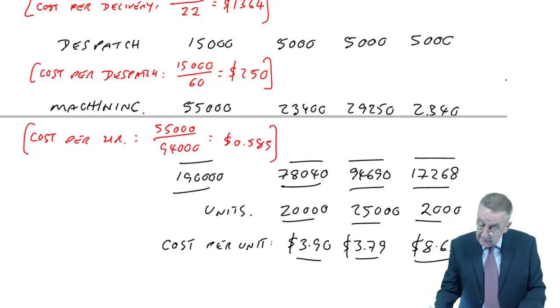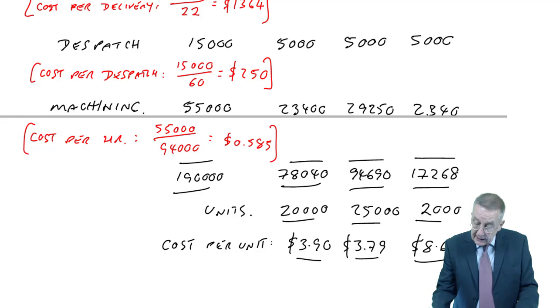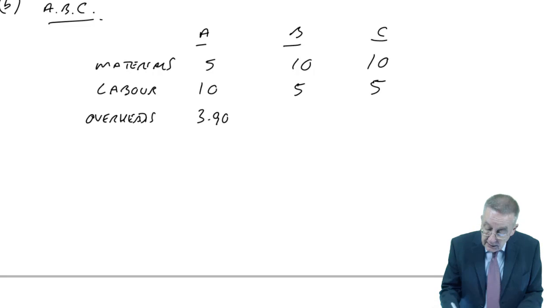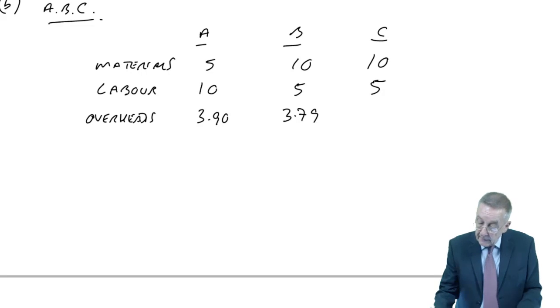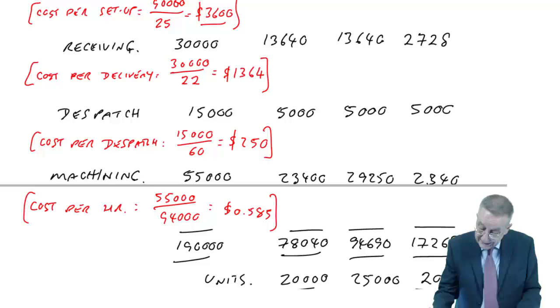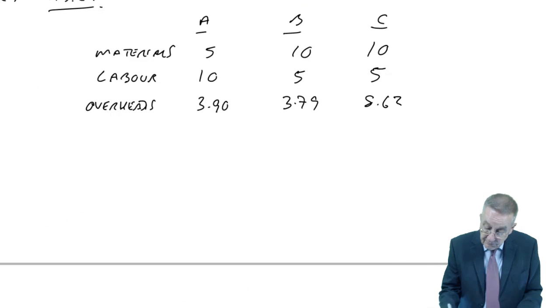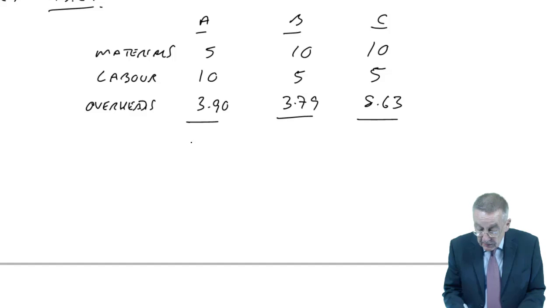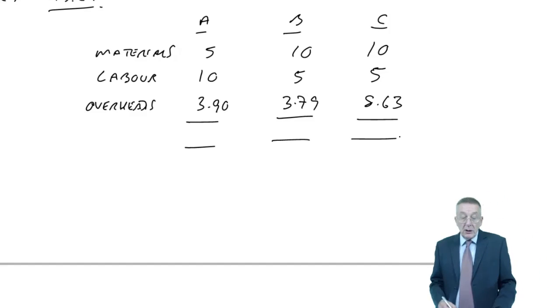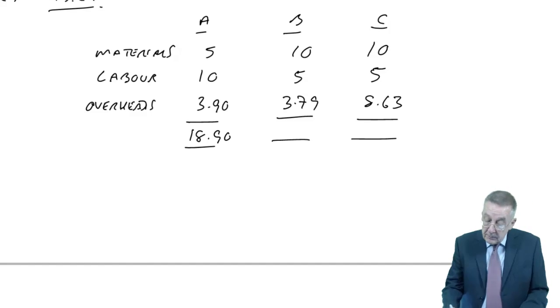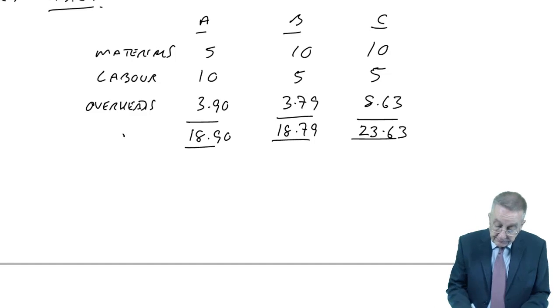So let's see if I can remember them, going up and down the screen. 3.90 and 3.79. 3.90 for A, 3.79 for B. And what is it for C? 8.63. And so on this approach, the total cost for A is $18.90. For B is $18.79. And for C is $23.63.